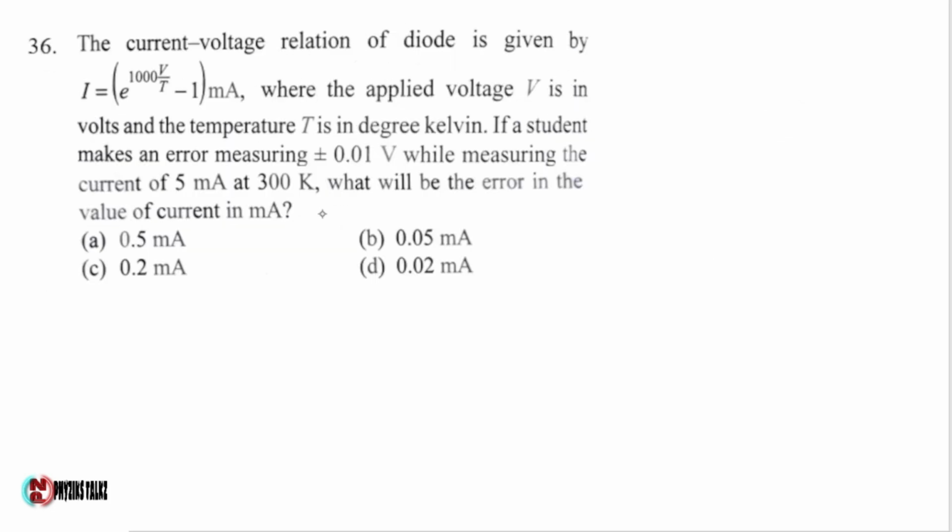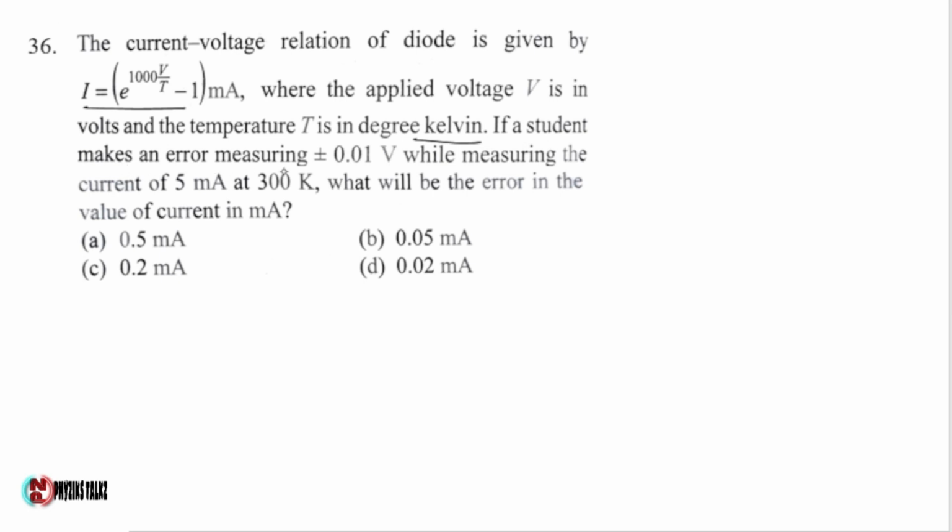Next question. The current voltage relation of a diode is given by the equation. Here V is voltage, T is temperature in Kelvin.